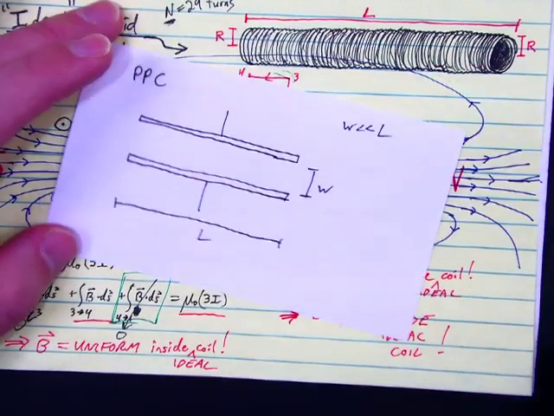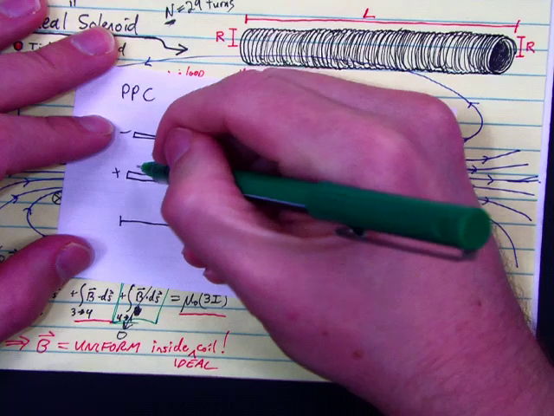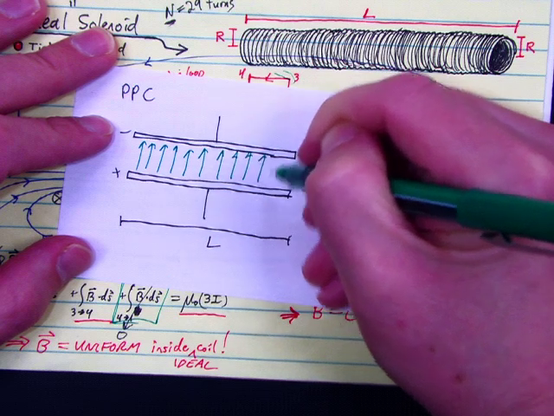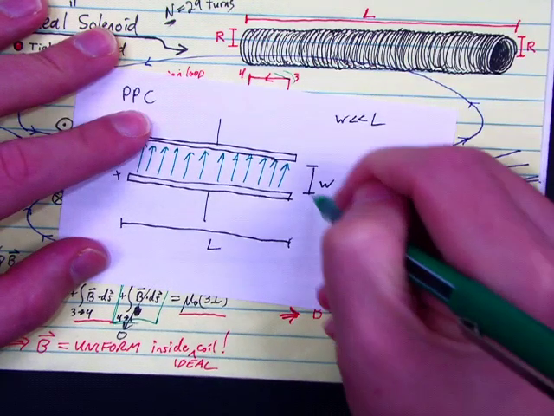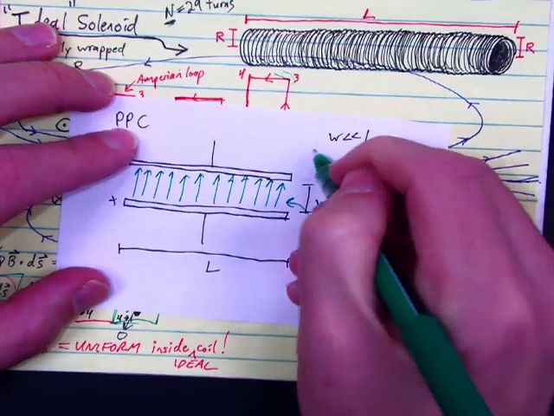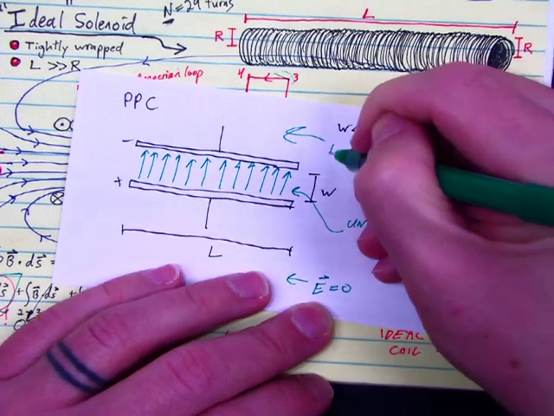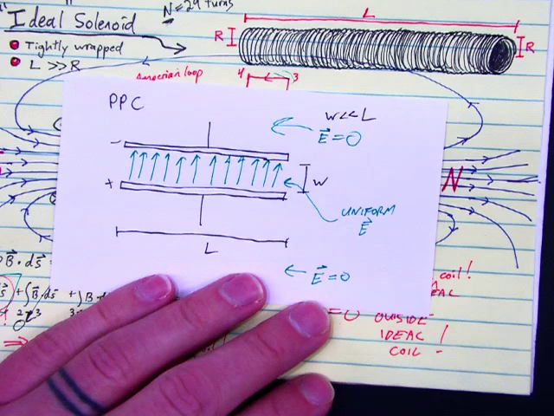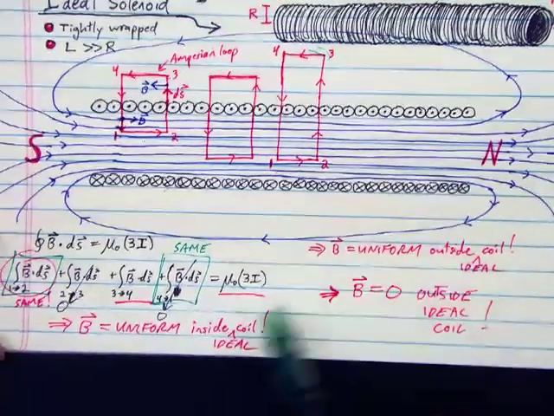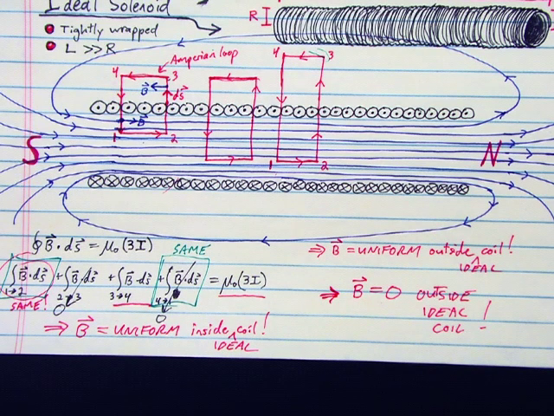In this ideal parallel plate capacitor, it was producing a nice uniform E field on the inside, uniform E, but above and below 0 E field. We got perfect cancellation from the symmetry in the ideal limit. That's what we're getting here for our solenoid. Uniform B field on the inside, 0 B field everywhere on the outside.